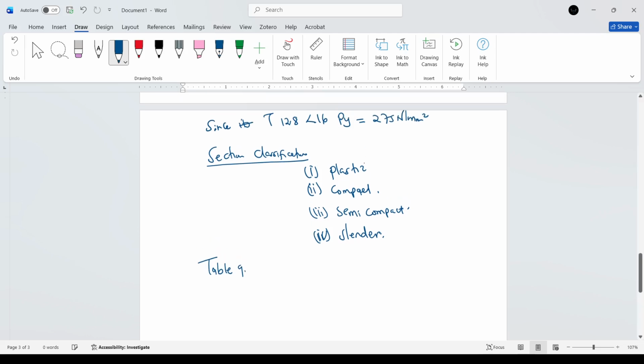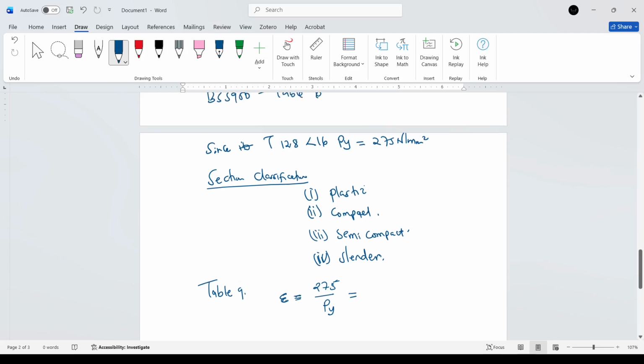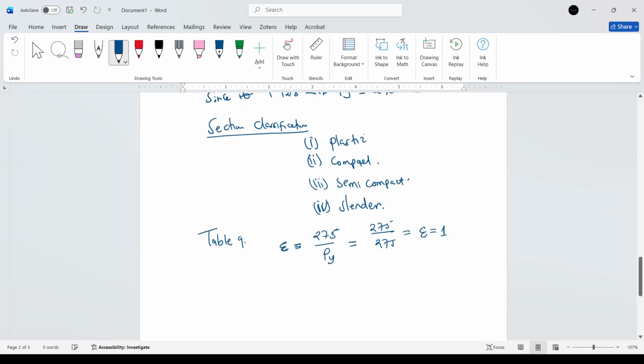You are going to see that we have a particular constant E, which is given by 275 over Py. So what is our Py? 275 divided by Py, which is 275. So for our case, E is equals to 1.